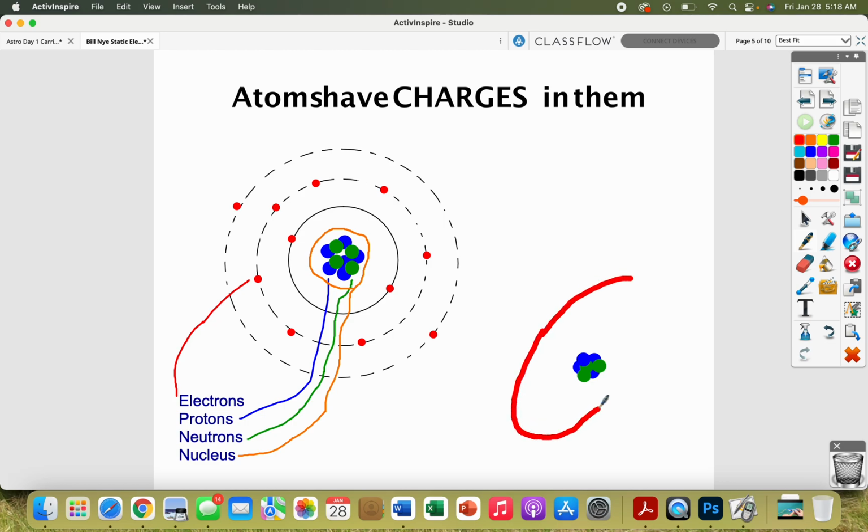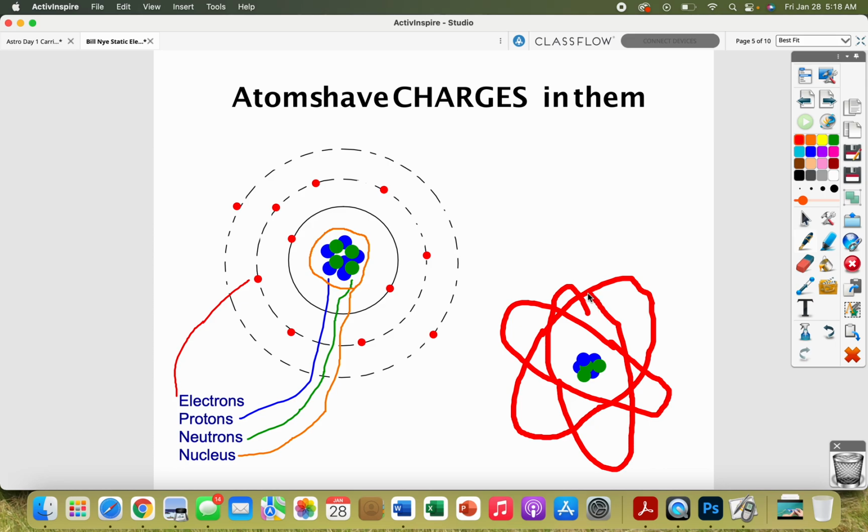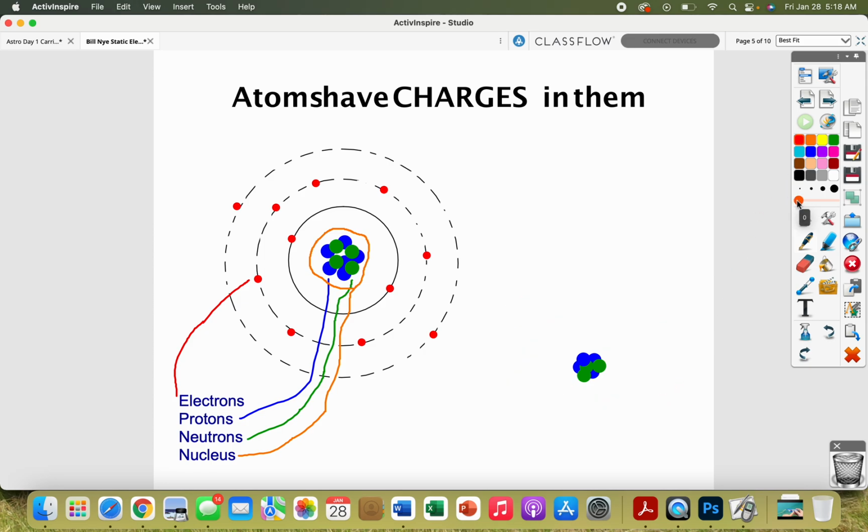Like this, possibly. You can see that my drawing with a mouse is not the greatest, but you had your particles orbiting the nucleus, so you had something of this ilk. And this might look familiar too. That's actually kind of a hideous drawing. Let me see if I can do better. It's just bugging me.